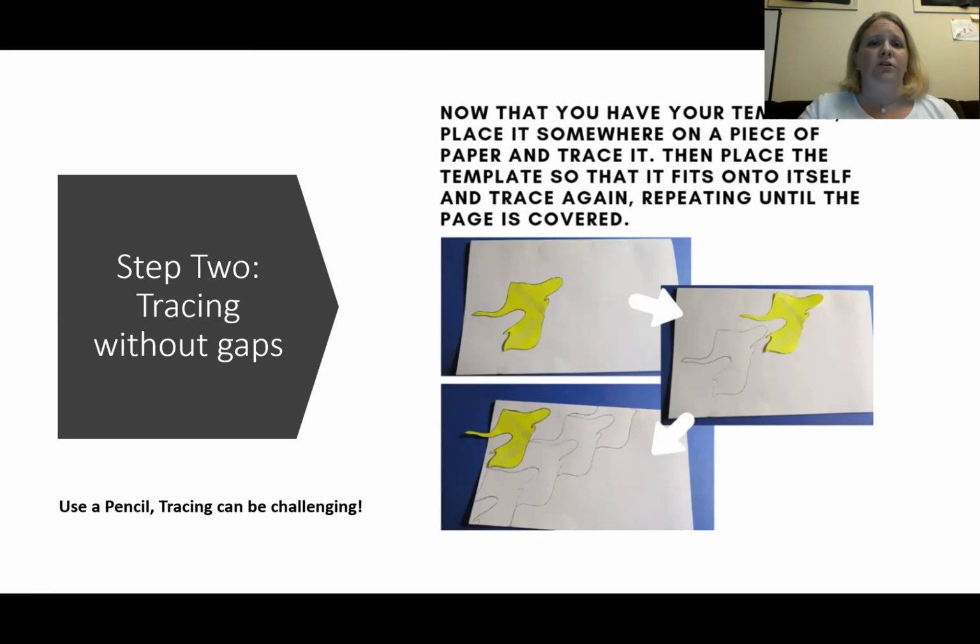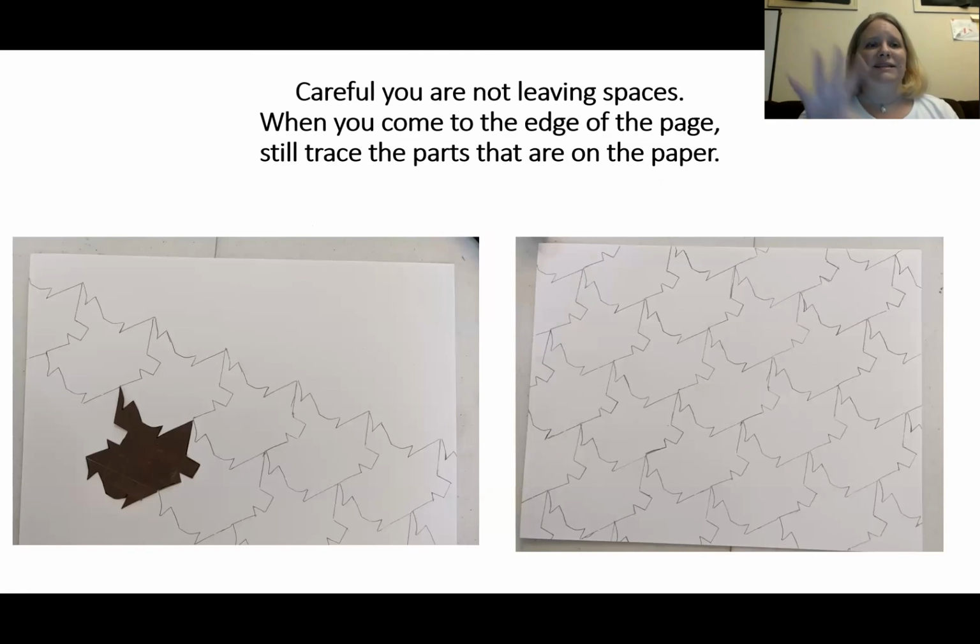Okay, you're going to go all the way up across your page, and you're going to go all the way down. Sometimes when you get to the edge of your paper, not all of your tile or your template is going to fit. Just trace around the parts that do, and then it looks like it's kind of going off the page. You don't want to leave anything around the page blank, because then you might get a little confused on what goes where.